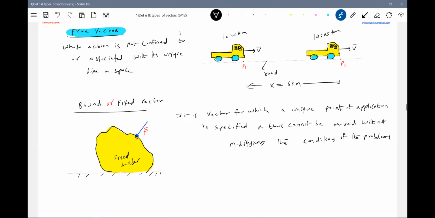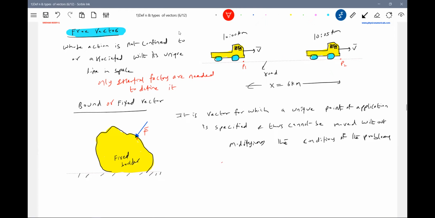There is a difference between them. For a free vector, what is needed? I think only the essential factors are needed to define it. What about here?